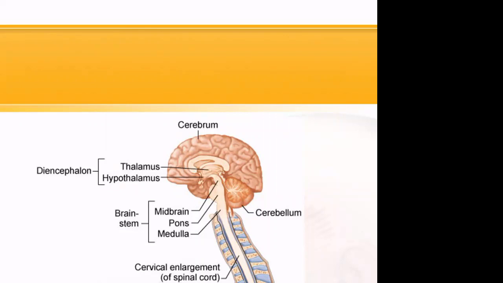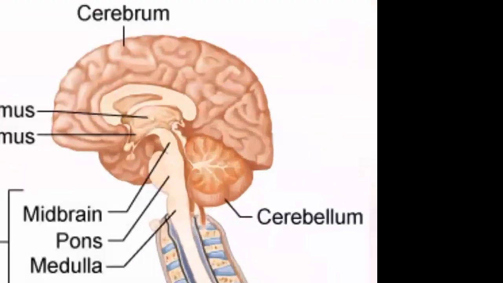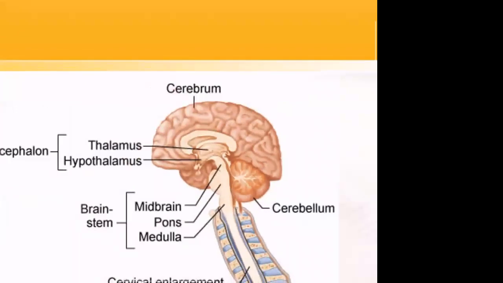So most of what you see is the cerebrum. Behind and underneath, there is an area that kind of looks like cauliflower here in this drawing. That is called the cerebellum, which has a great deal to do with posturing.